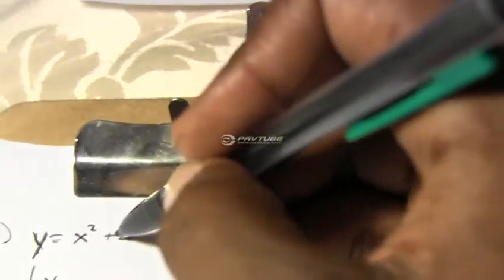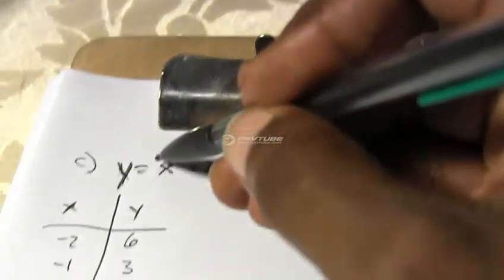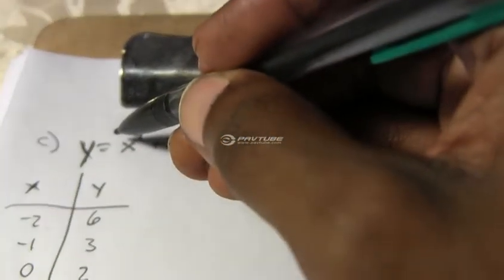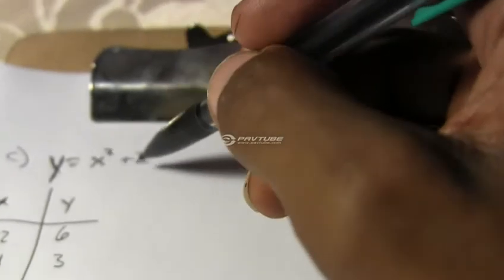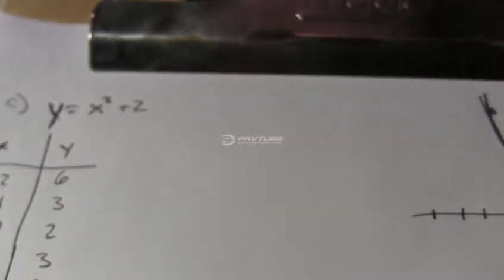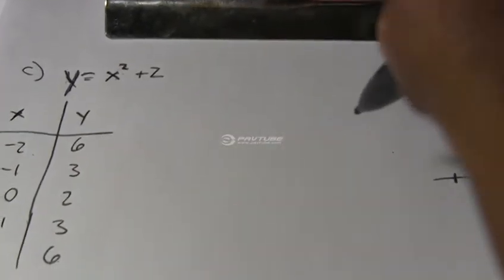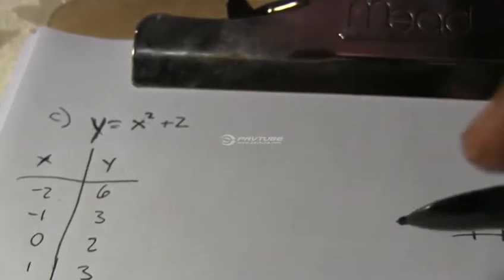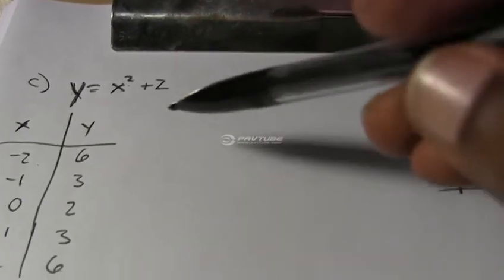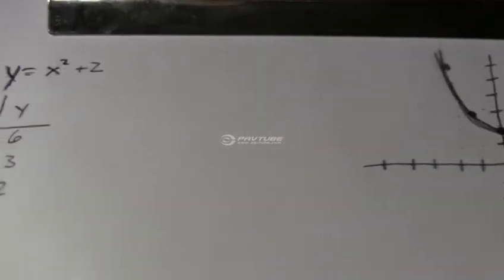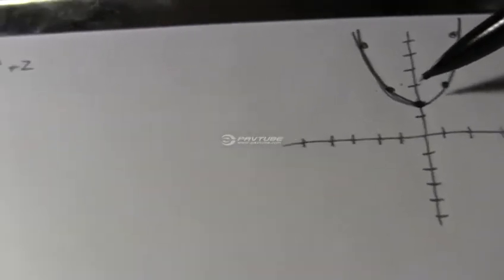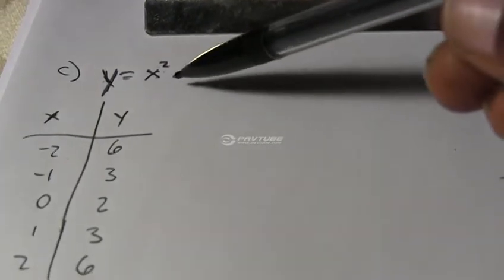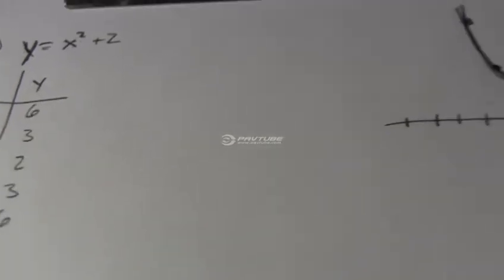So remember I told you this number out in front is the slope. It gives us the depth, right? This second number is going to give us our altitude, if we want to call it that. It just tells you how much you're going to translate it up. So we moved it up by 2. If we wanted to move it down by 2, it would just be x squared minus 2.